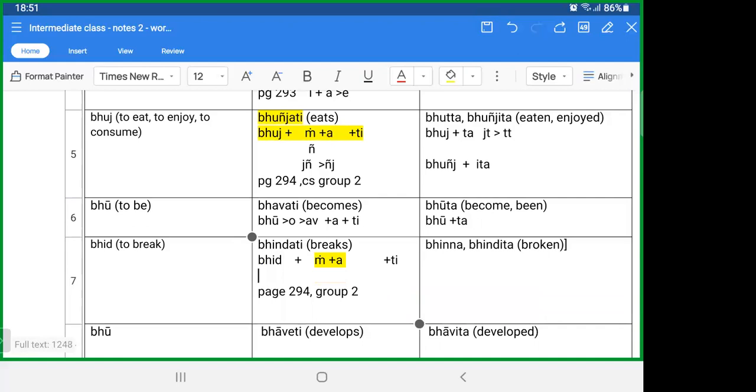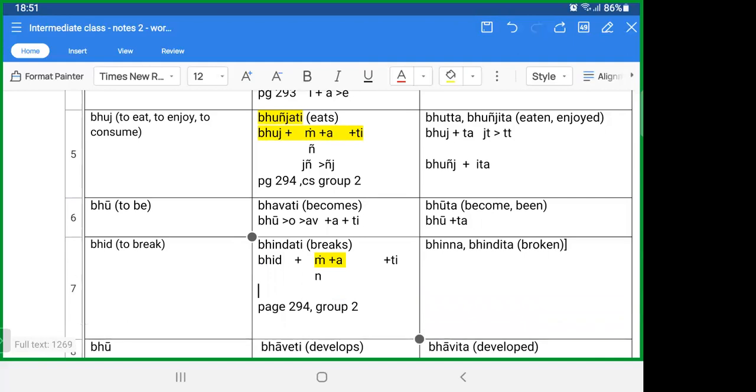And here it just changed to, instead of nya, it changed to n, right? Then the dn becomes nd, right? So basically it's like bhidn, now change it to bhind. That's the reason, right? So you have this root bhid, all right?